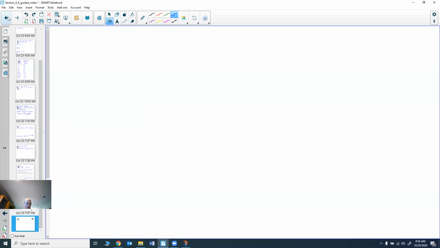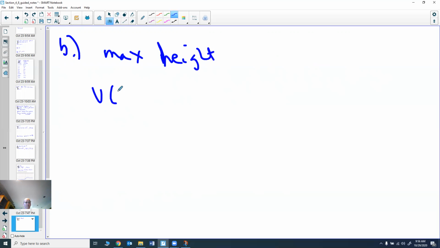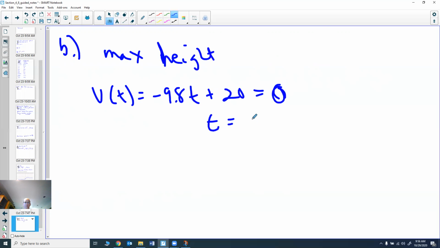So to find your maximum height, that'll be when your velocity, which was negative 9.8t plus 20, equals 0. So t is equal to 20 divided by 9.8.